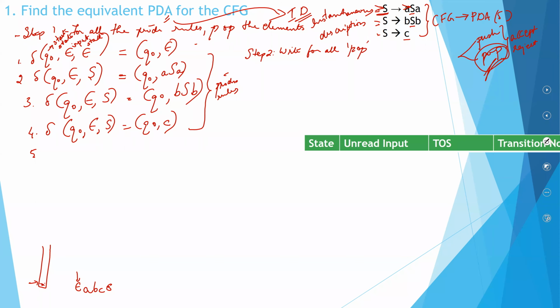So the equivalent PDA for this CFG is nothing but this. So there are only two steps. One is for all the production rules, you will write an equivalent function. And then for all the possible poppings you have, you will write an equivalent function.